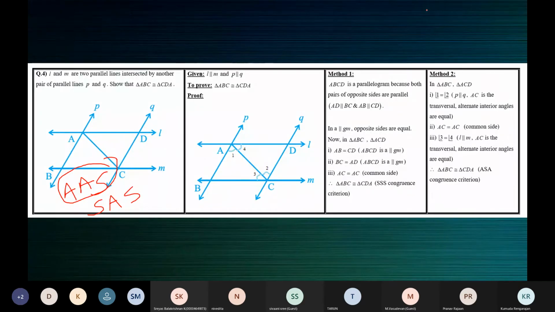Ma'am, I have just shared my solution. Yeah, let me see. Please use the numbers and share again. Please use the numbers 1, 2, 3, 4. Okay.